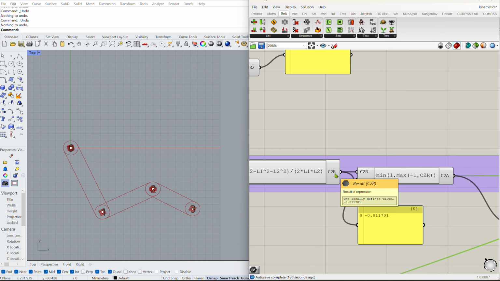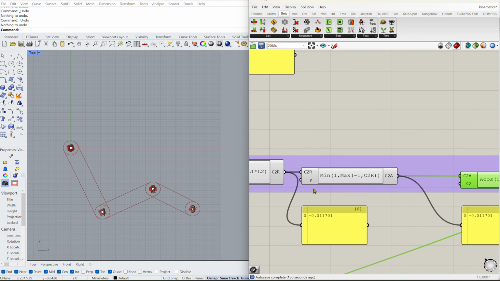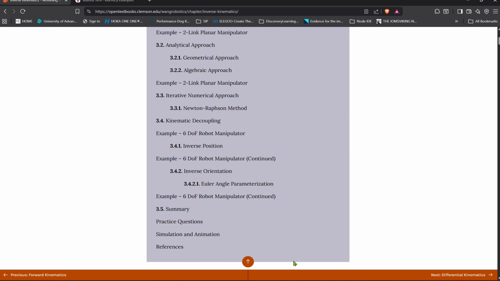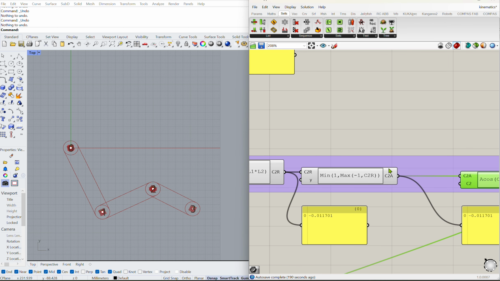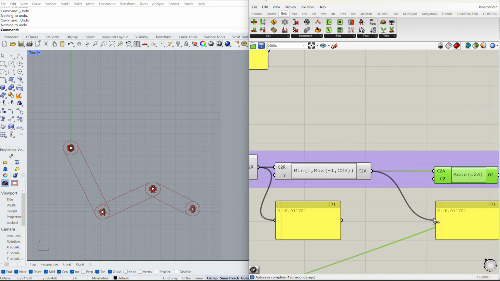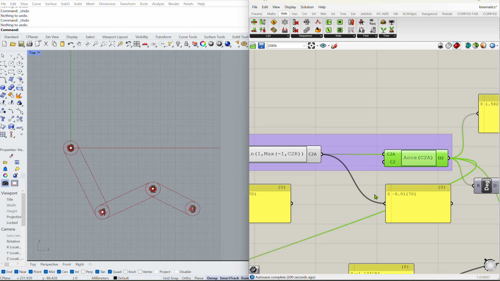Now this is C2 raw, R-A-W, raw. And we use a decoupler right here, because C2 must always be equal to or less than 1. So then we plug in C2a to cosine, and we get theta 2.